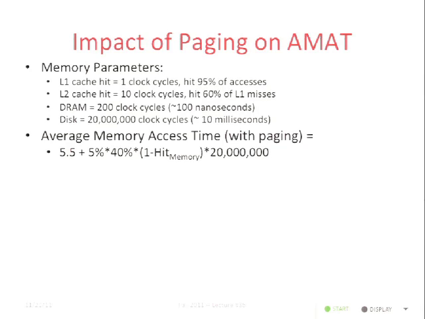So there's some percentage of the time that when we look in memory, what we're looking for isn't really there. Okay, so we do a lookup in the virtual page table, and guess what? The page we're looking for hasn't been mapped into physical memory. That's a miss, so 1 minus the memory hit. And for each one of those, we're paying 20 million instructions.